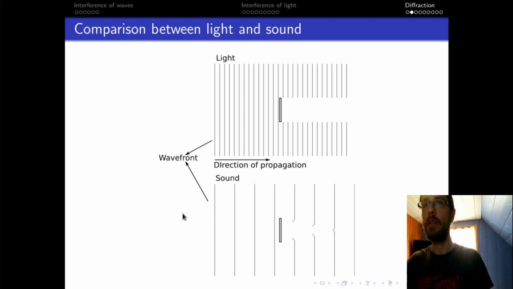Whenever sound comes in from the left towards the obstacle, the part in the middle is blocked by the obstacle. However, the part that goes up and down compared to it will slowly start to bend around it.